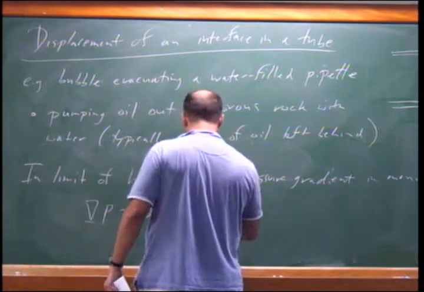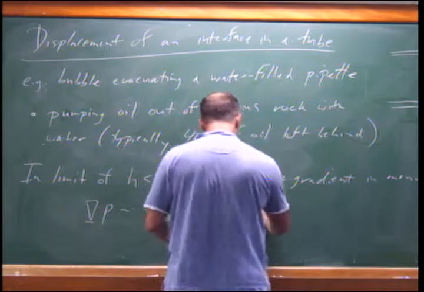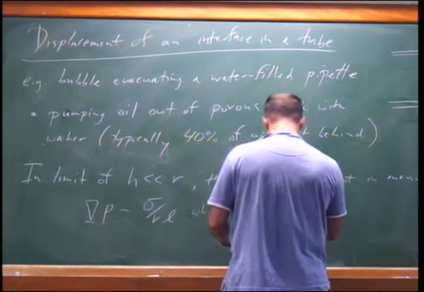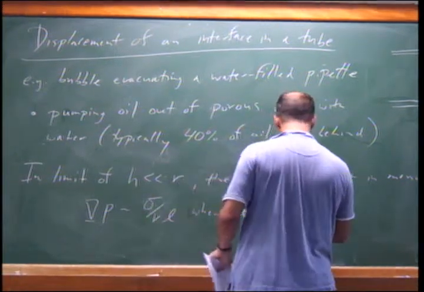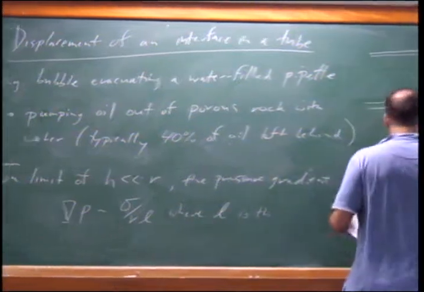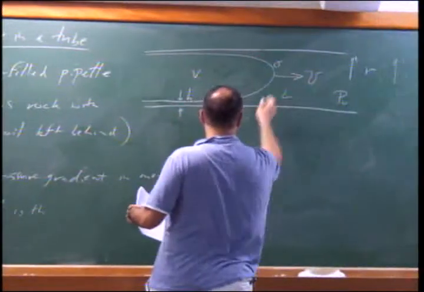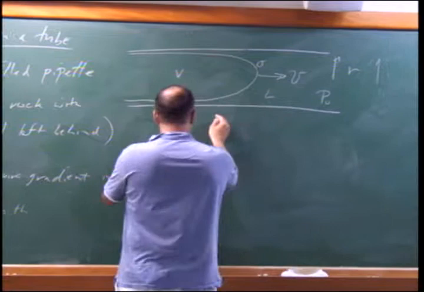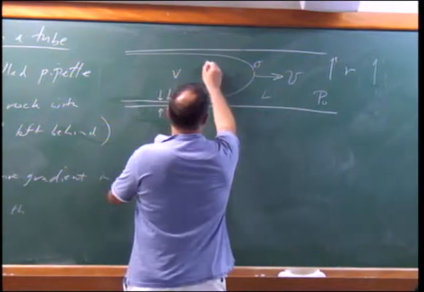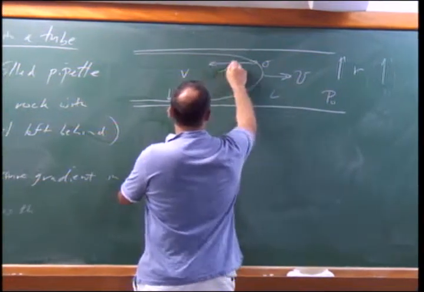Where L is the lateral extent, sigma over R is basically the curvature pressure, and L is this L. It's the extent of the dynamic meniscus.